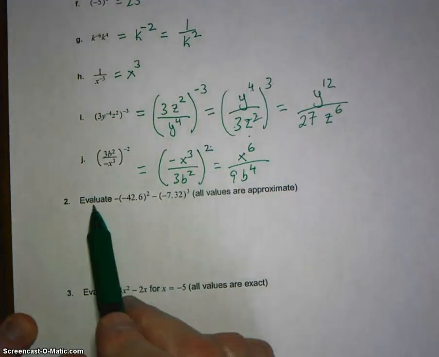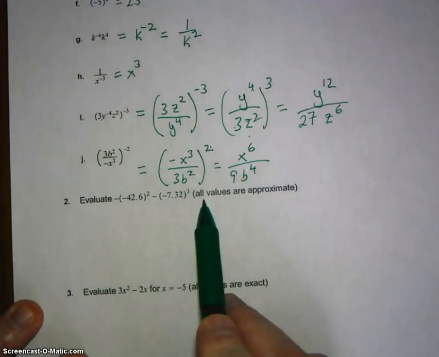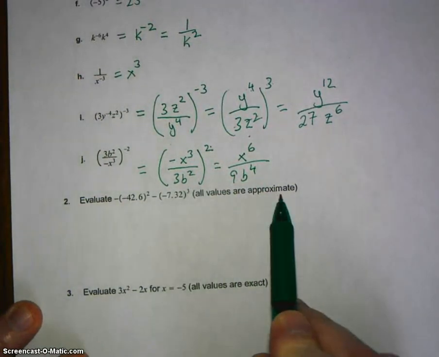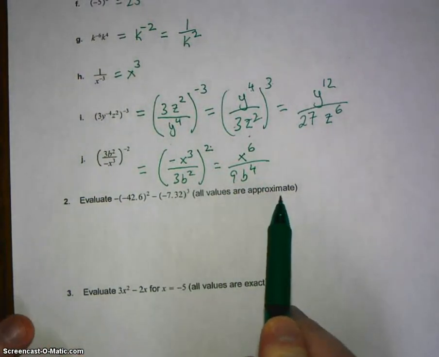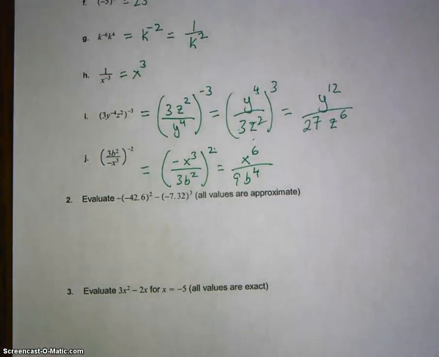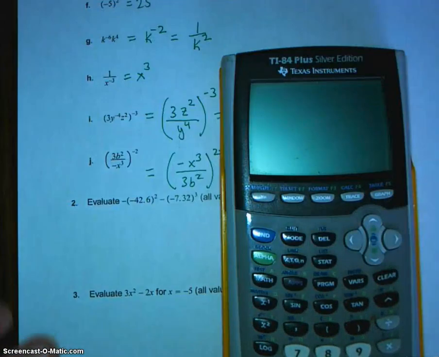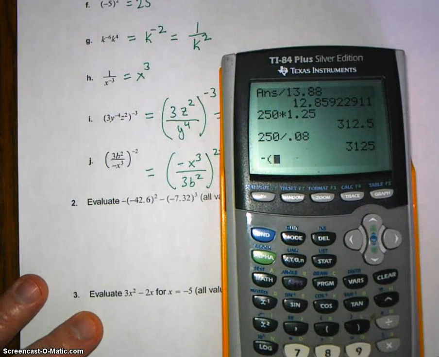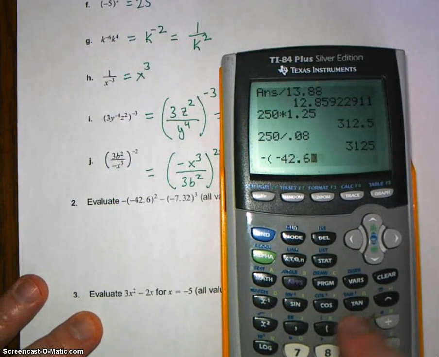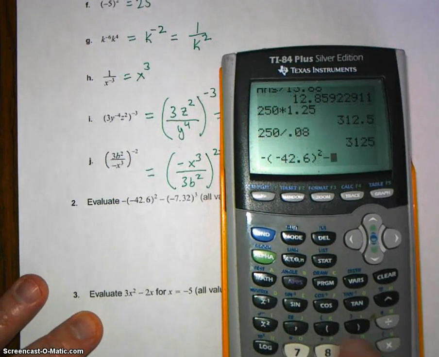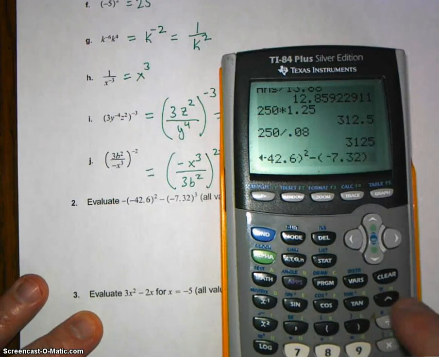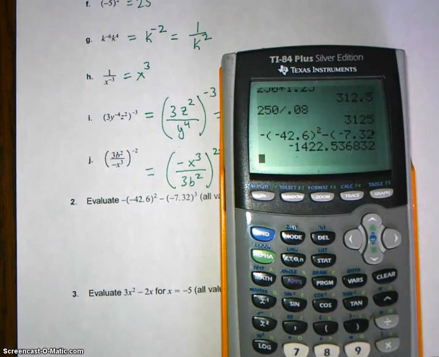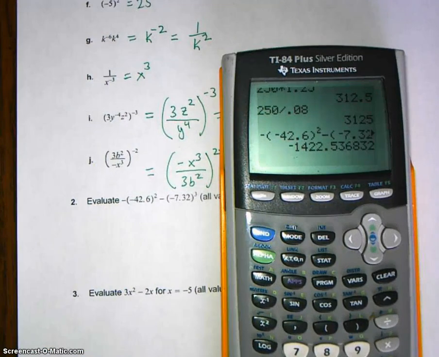All right, evaluate, assuming all values are approximate. All right, so here's the mistake most students will make on this problem. They'll grab their calculator, minus, let's see, negative 42.6 squared, minus parenthesis, negative 7.32 cubed, and they'll try to figure out what the answer should be.